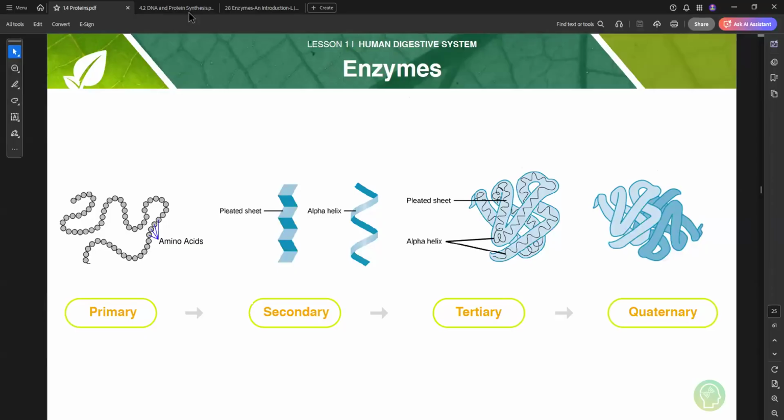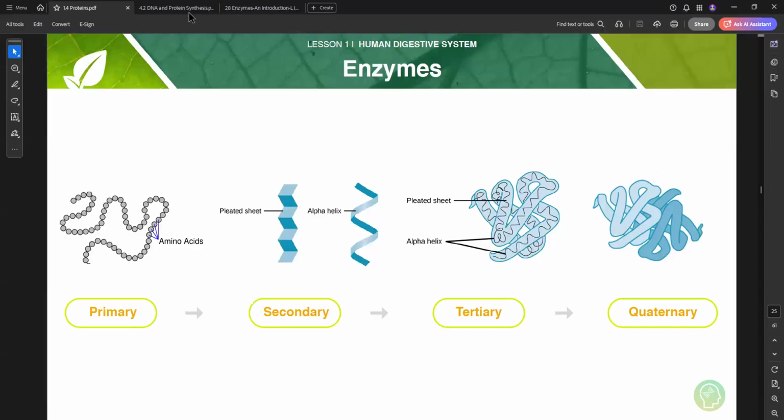That's totally fine. So, as Alistair said, your quaternary is where we have multiple polypeptide chains folding together and associating to make a larger molecule, a larger protein. Not all proteins do this.